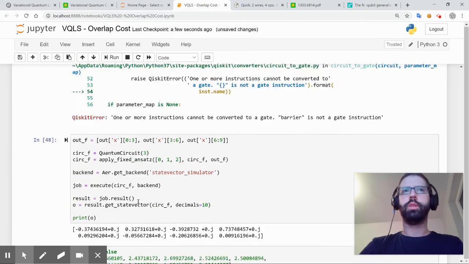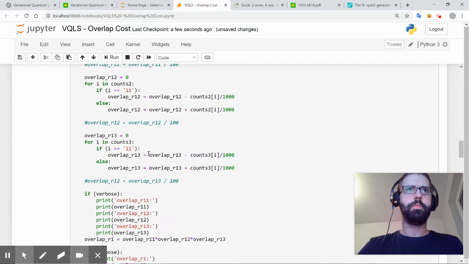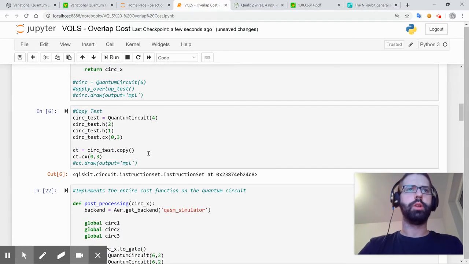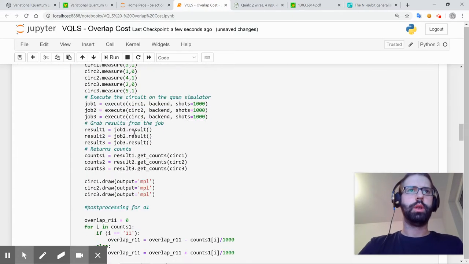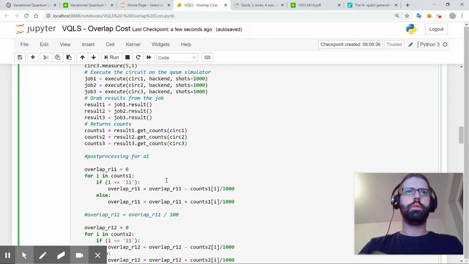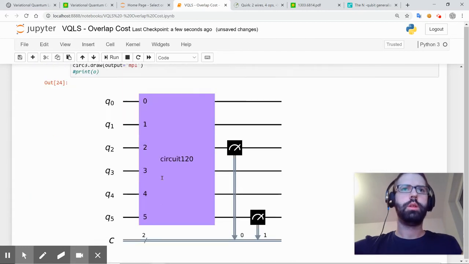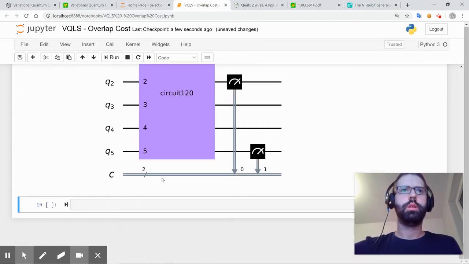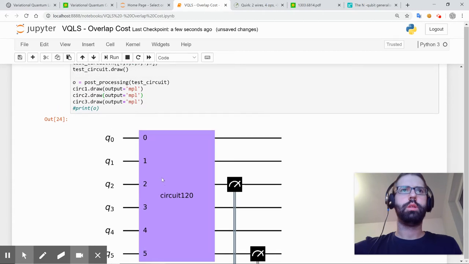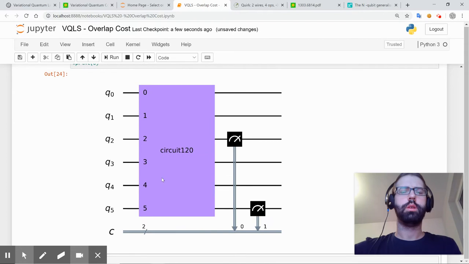And so I'm trying to print the circuit, see if I'm measuring the right things. Scrolling too much, I know. These things here don't work. Okay.